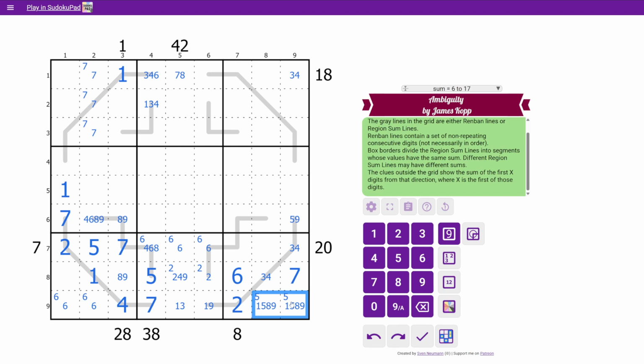That's it. That's all that can go down there. This is all that can go in those two. And this gets a 3, 6, 8, or 9.